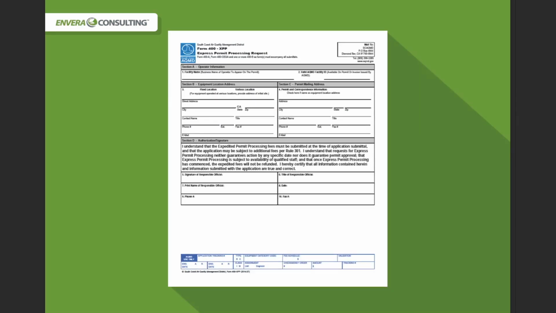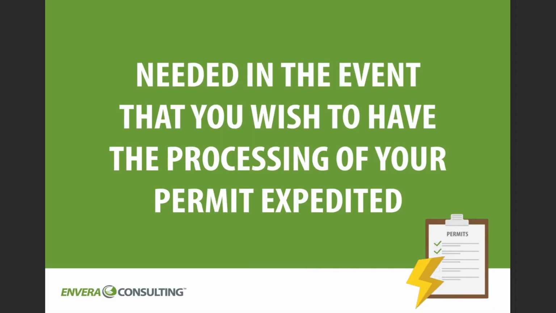Now, the fourth type of form is a Form 400 XPP, and XPP stands for Expedited Permit Processing. Generally, you will need to submit a Form 400 XPP if you wish to have the processing of your permit expedited. This is an ongoing question that we get all the time, and we've talked about this extensively within our content library: how long does it take to get a permit from the Air Quality Management District?